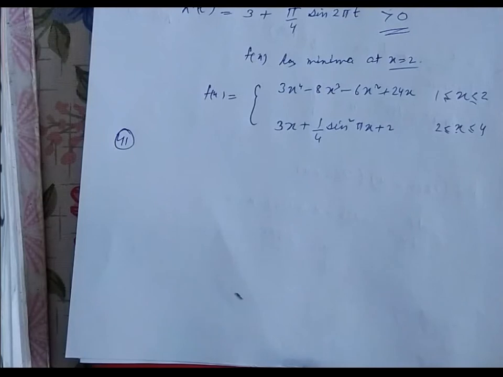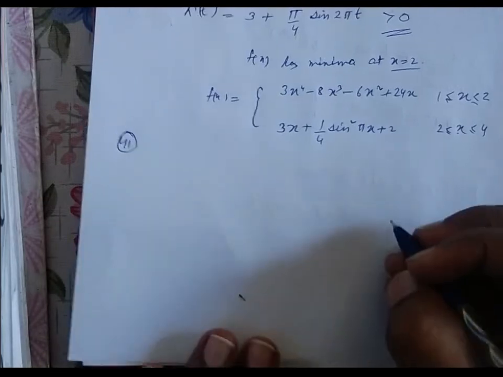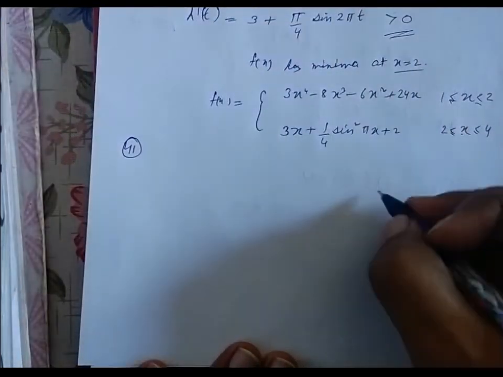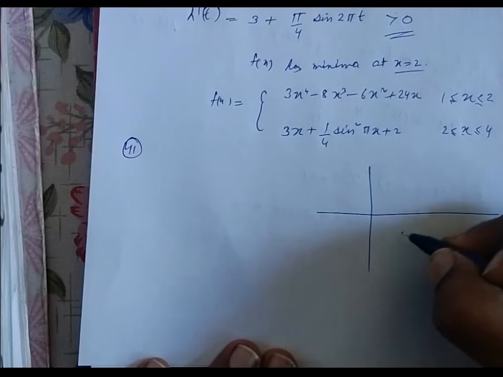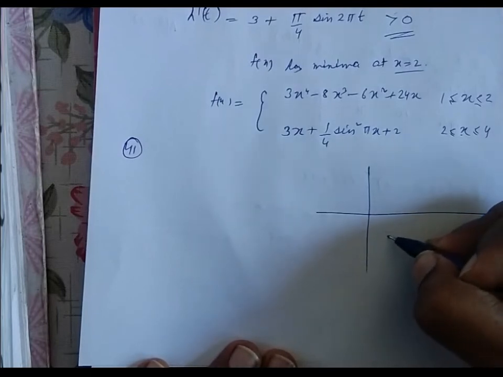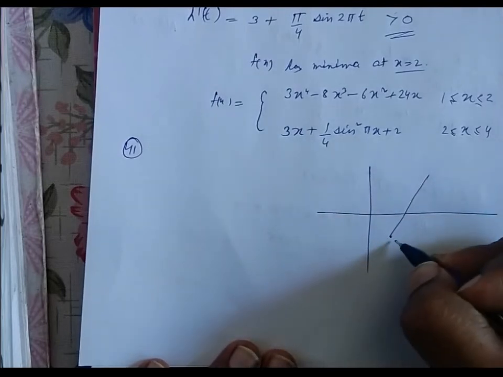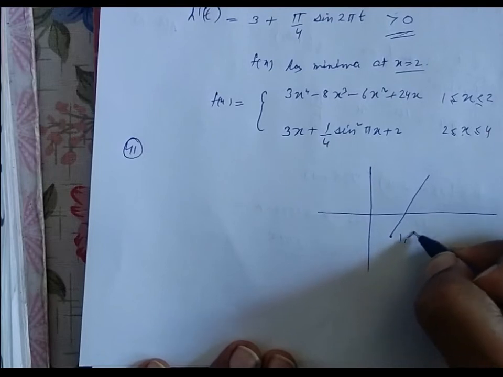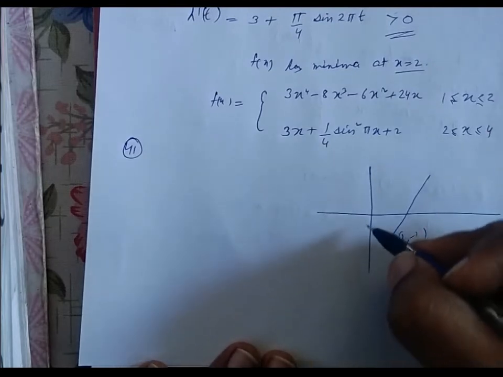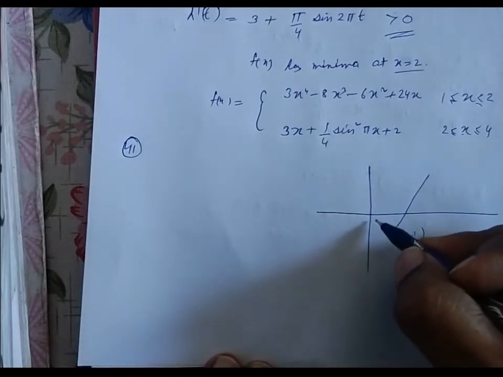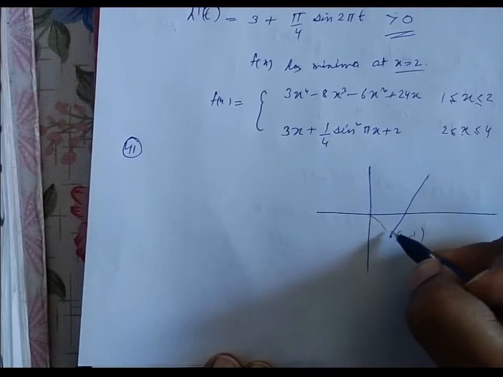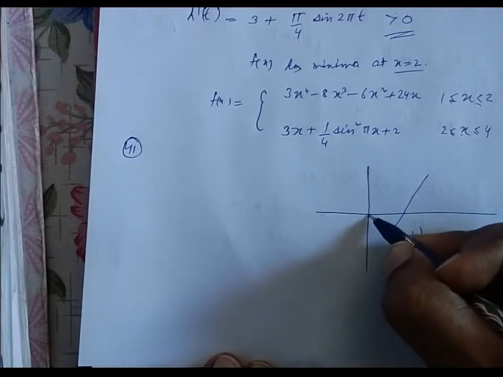So we need to find all positive values of b such that fx has smallest value at x is equal to 1. Let's draw a graph for this. So for x between 1 and 3, this is a straight line of slope 2, this point being 1 comma minus 1, and y is equal to minus x cube is going to be like this.